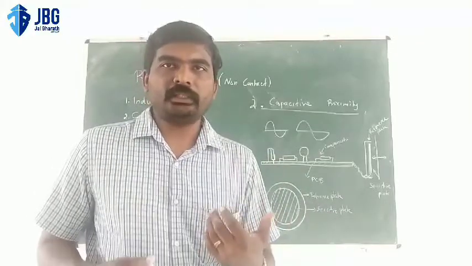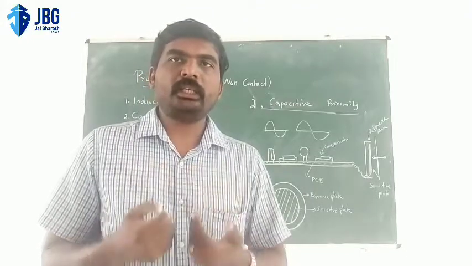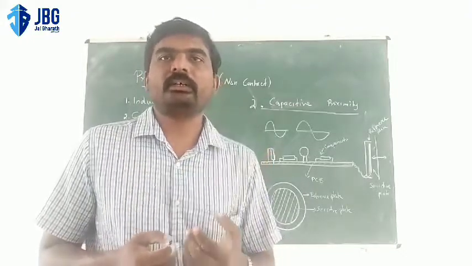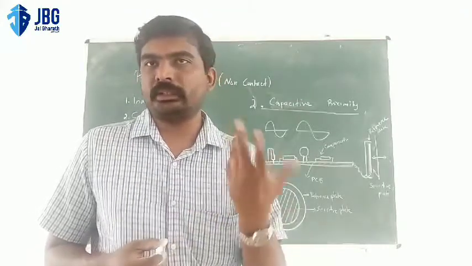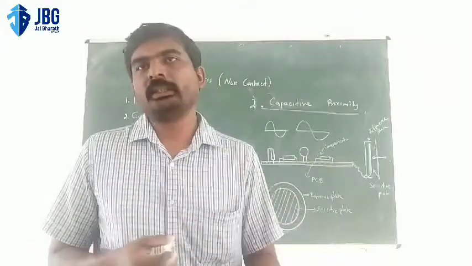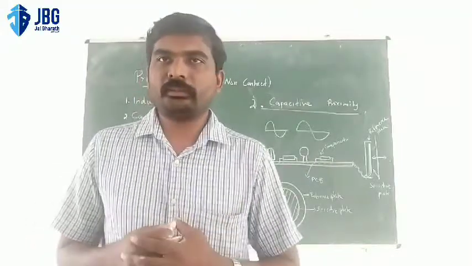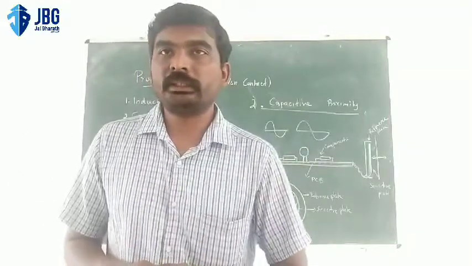If you are using PVC, the sensor should be closer to the material to detect the capacitance change. If it is an iron body, we get the maximum change in capacitance. So that's all with the capacitive proximity sensor. Thank you.